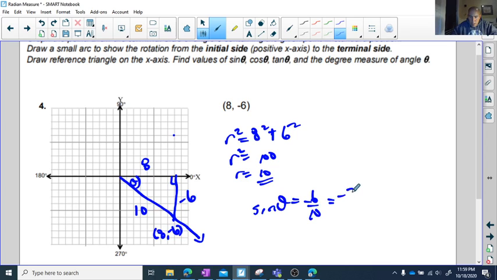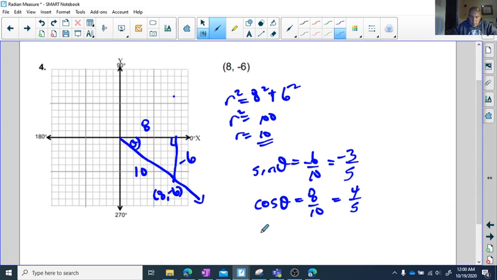That would reduce to -3/5. The cosine of this angle is 8 over 10, which would be 4 over 5. And now the tangent of angle theta is opposite over adjacent, or y over x, -6 over 8, which would reduce to -3 over 4.